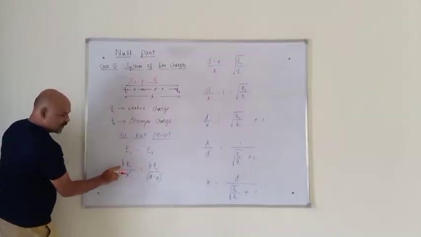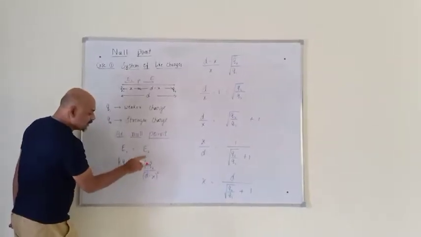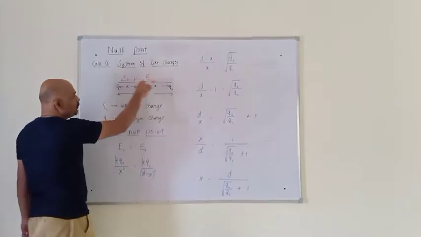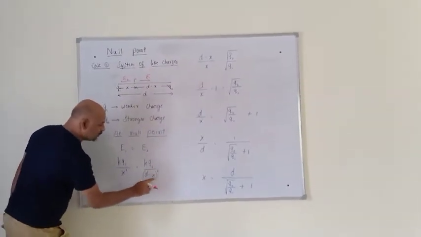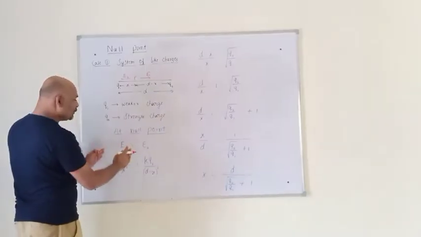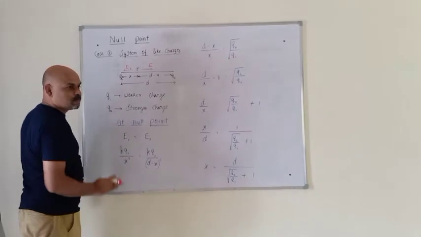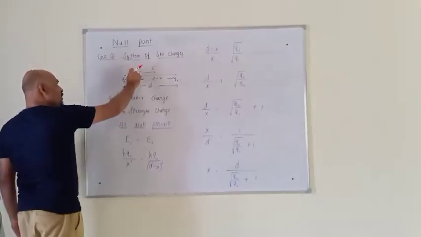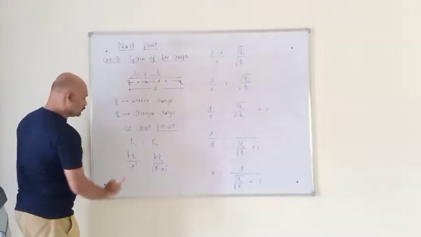I have written K, where K is 1 by 4 pi epsilon naught. That should be equal to the electric field produced at the point P due to the charge Q2, therefore K Q2 divided by (D minus x) whole square. So at the null point, both the electric fields should be equal, and of course they are opposite, and therefore the net electric field at the point P becomes equal to 0.